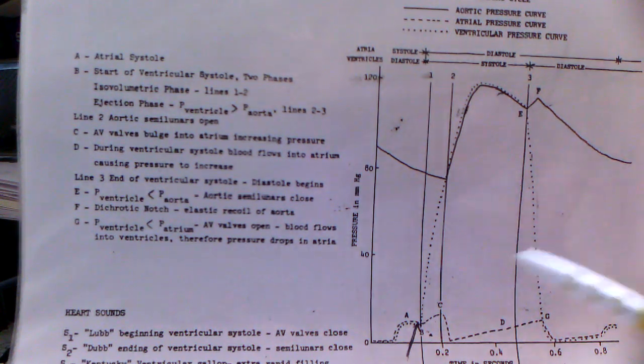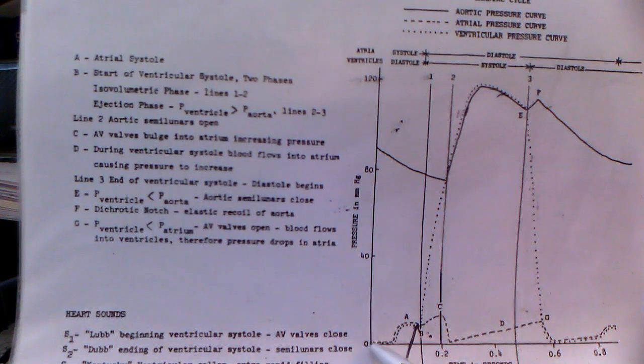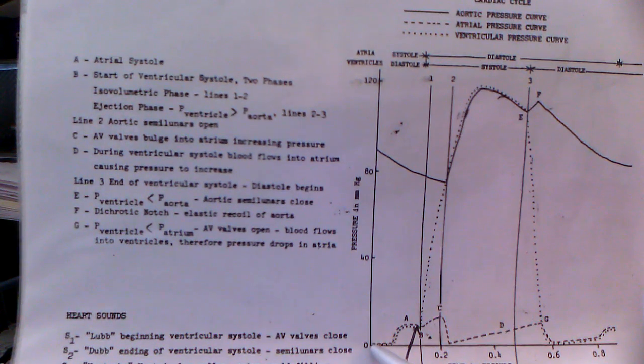To get started, we're going to first start with the atrial pressure curve. In theory, the veins have 0 pressure. The atria, since it's being filled passively by 3 veins returning to the left atria, is essentially starting at a 0 pressure.